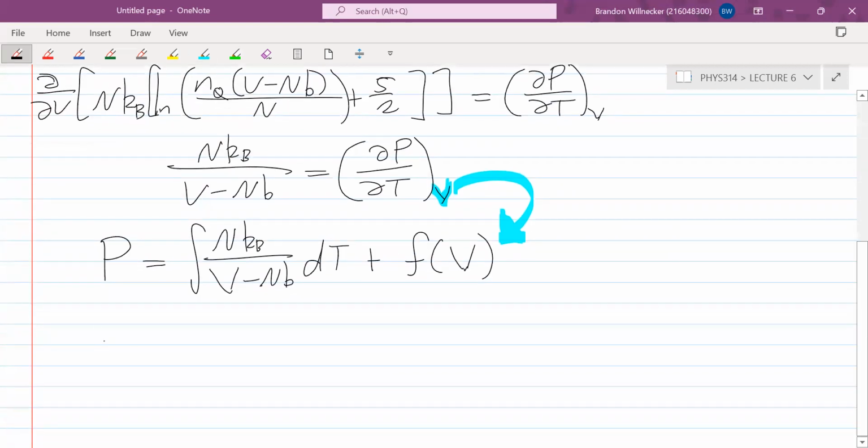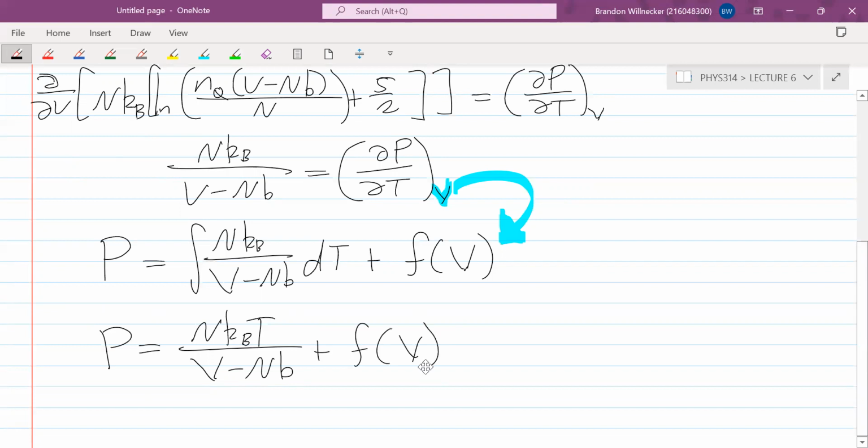So this gives us P is equal to NkBT over (V minus Nb) plus some function of V. We don't know what that is. However, if you remember from, I think it was hand-in problem 4, we found what that was.